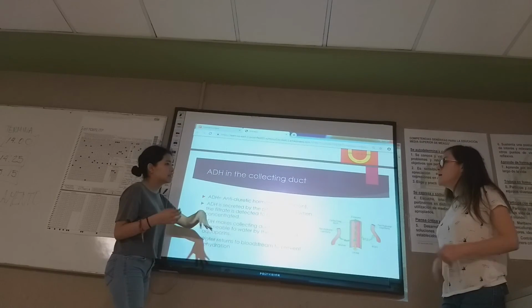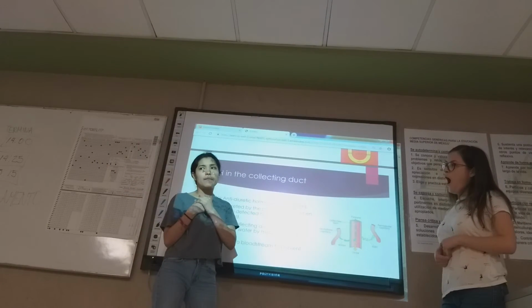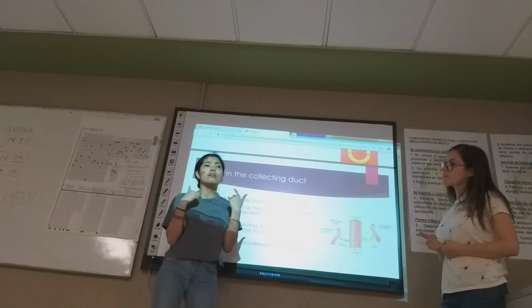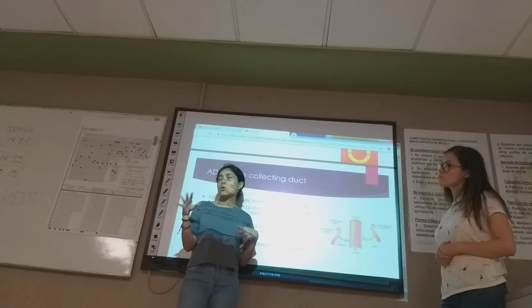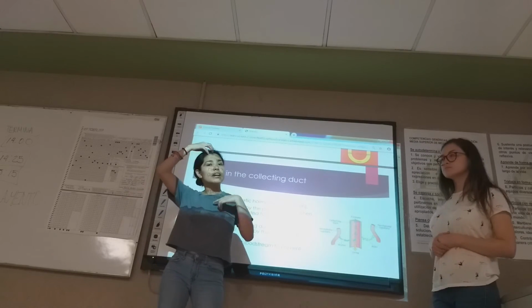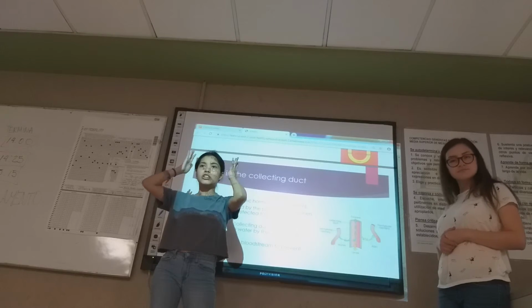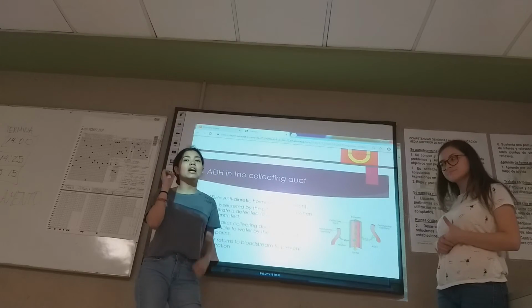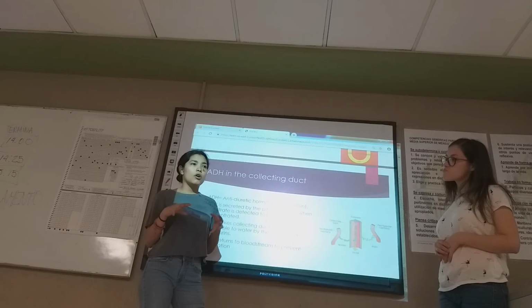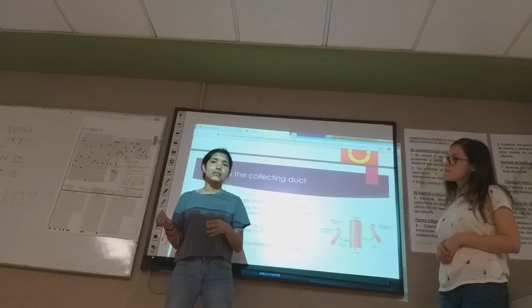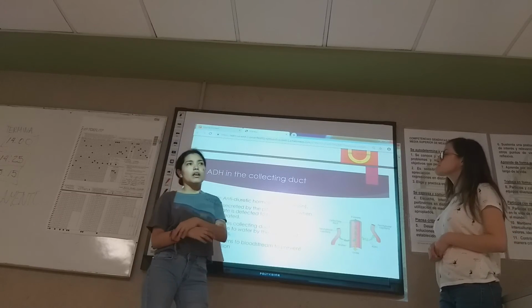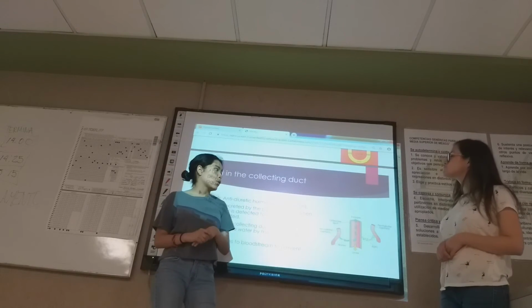But the body has a mechanism that detects when you have not consumed enough water. The pituitary gland, which is an endocrine gland in your head, releases a signal for the secretion of vasopressin, which is the antidiuretic hormone, ADH.